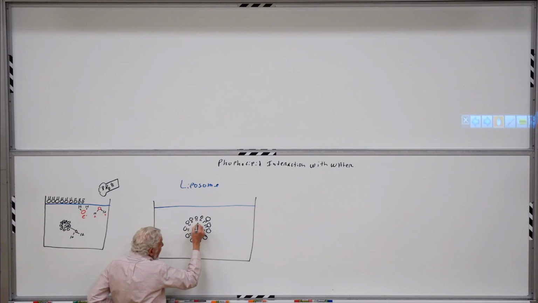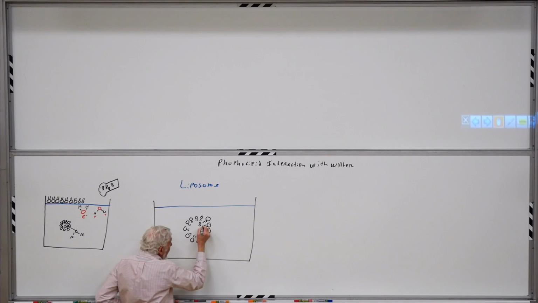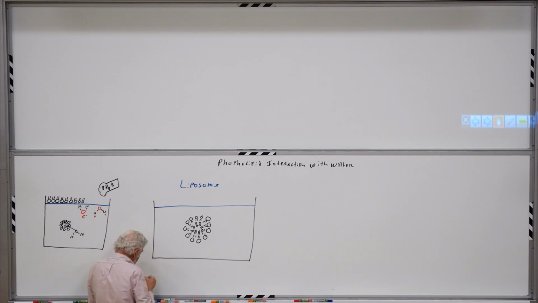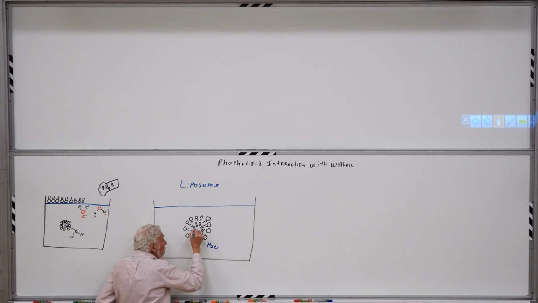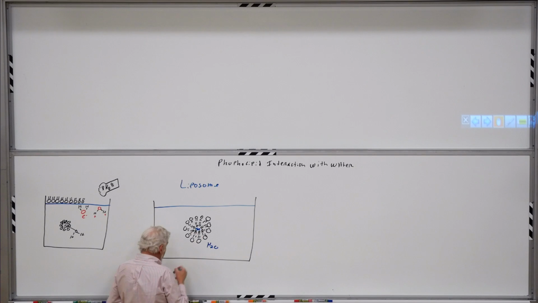What we can do is we can take the tails of this second set of phospholipids so that one set of phospholipids are facing the water out here, but we can drop some water into the middle of this.